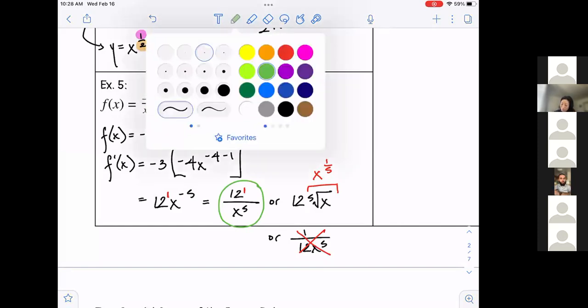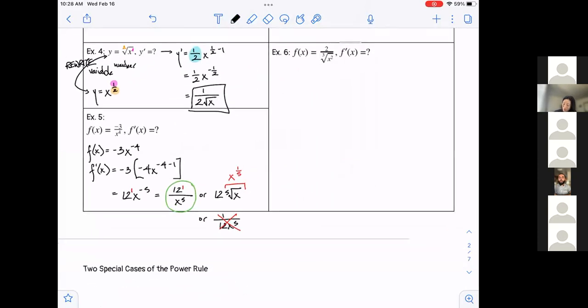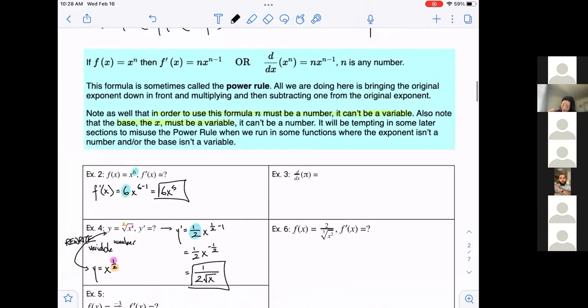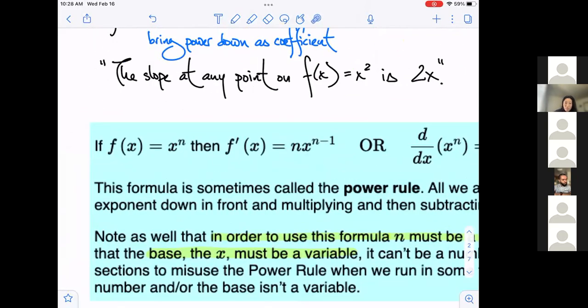Yes, Dallas, what's up? So I had a question. Why couldn't you do the power rule for the x to the 4th? That's a great question. Let's go back and look at this definition. The only time we can use the power rule is it has to look like this. We can think about this as a fraction, but 1 is the denominator.